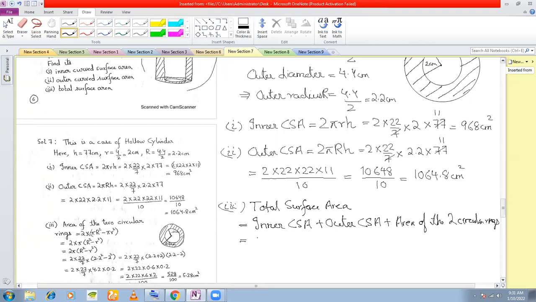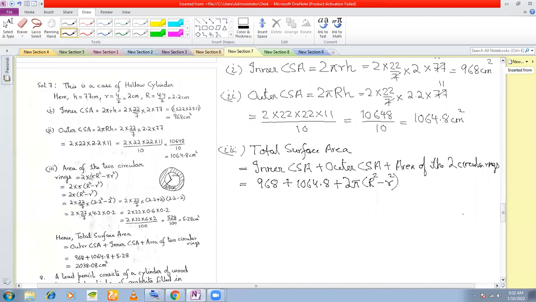Inner curved surface area we have already calculated, so it is 968. Outer curved surface area is 1064.8 plus. And what about the area of the two circular rings? What is the area of one circular ring? It is pi into R square minus r square, right? Formula I told you for circular rings. And because there are two, you will multiply this by 2.